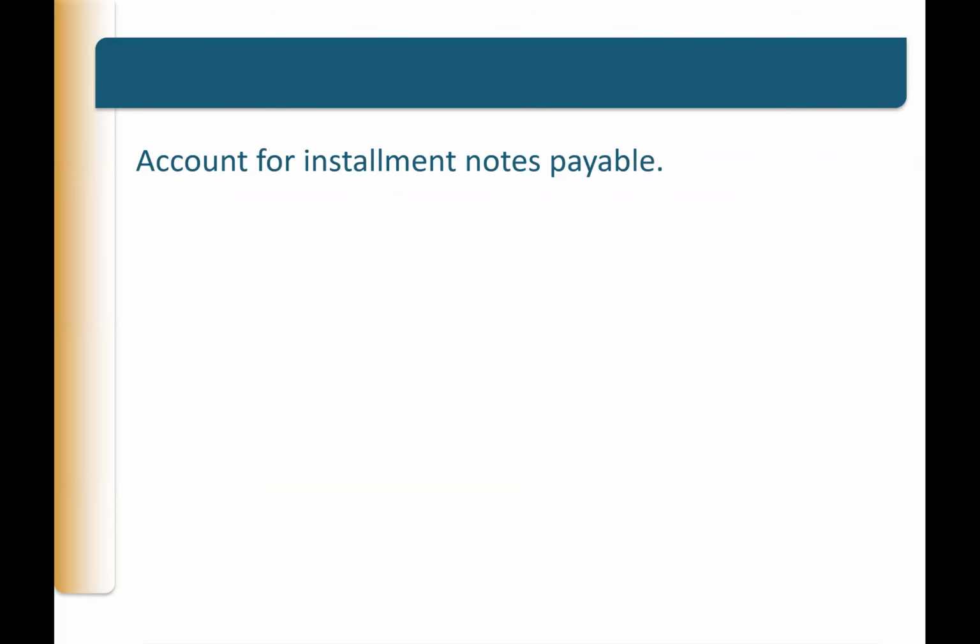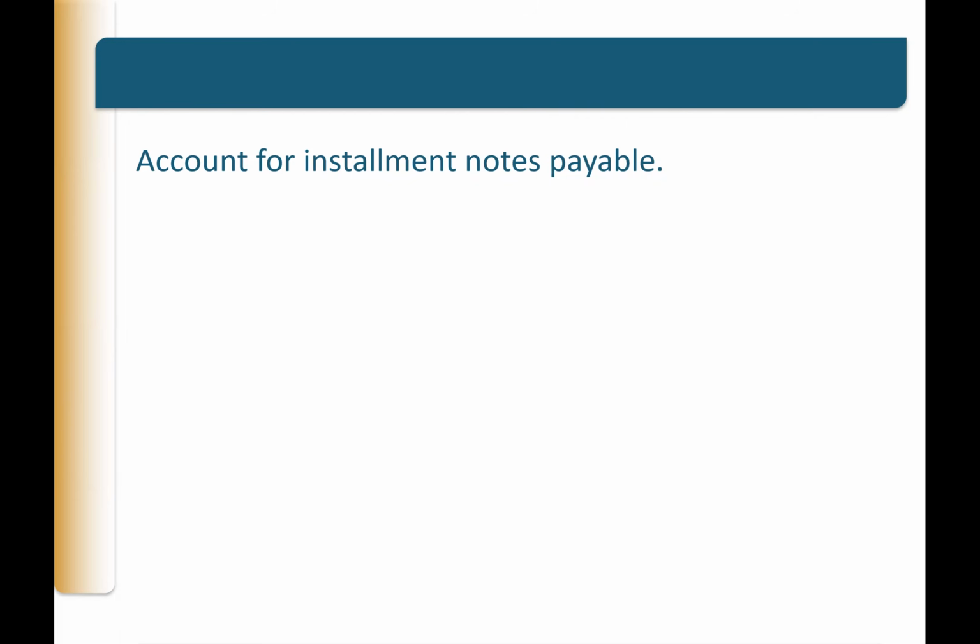And then we started the chapter talking about installment notes. Basically, with an installment note, there is a payment that is made per month for a specific number of periods.